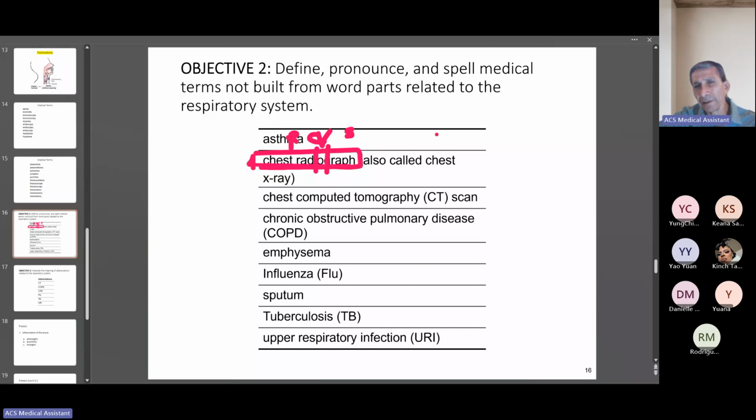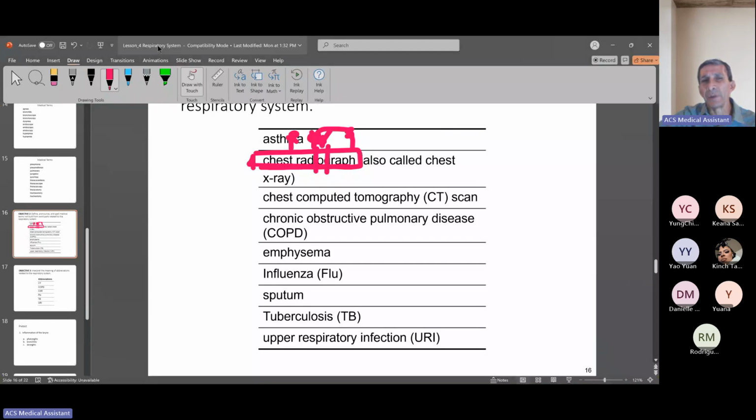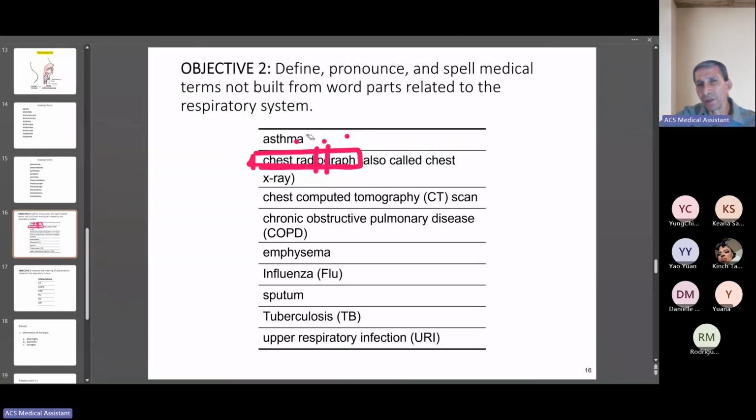Yeah, I can do that. So this is a machine that records radiation on the chest, but we don't do it like that. We just say chest radiograph because this is an imaging procedure, sending you to do an imaging procedure. It's like sonogram.